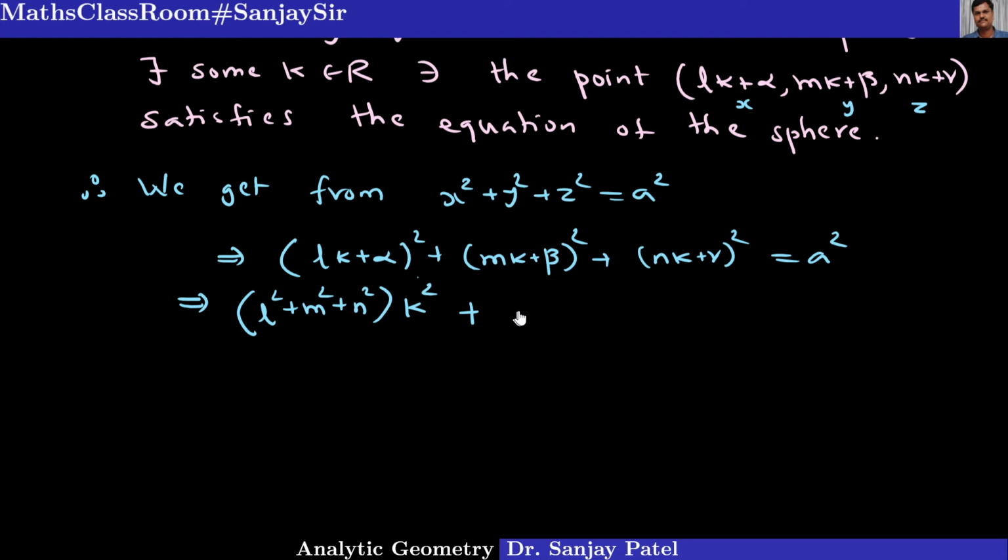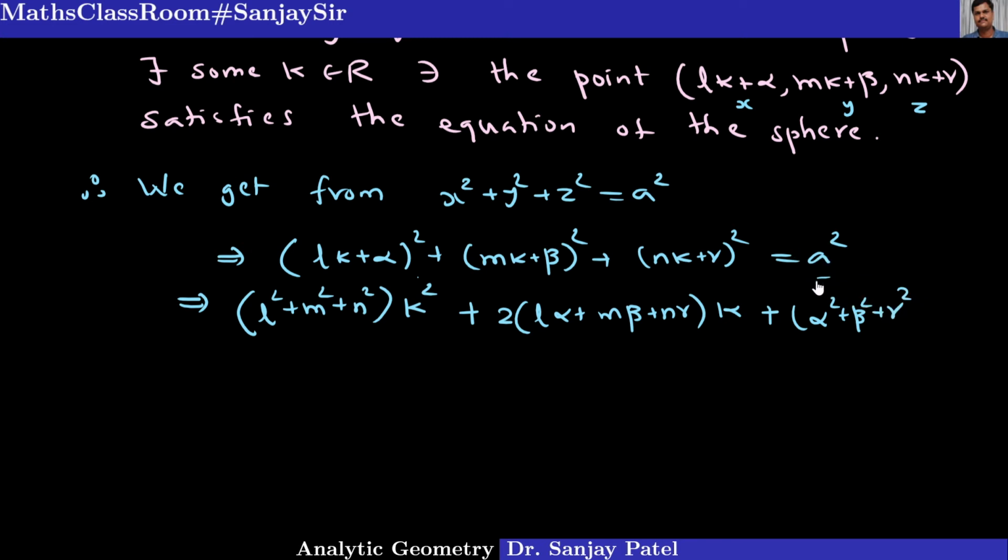So 2k is common in all, so I am writing 2 times (l alpha plus m beta plus n gamma) into k like this. It is 2k times (l alpha plus m beta plus n gamma), but I want to write in this form because of some reason. And what remains are the constant terms, the last terms of each of these brackets: alpha square plus beta square plus gamma square.